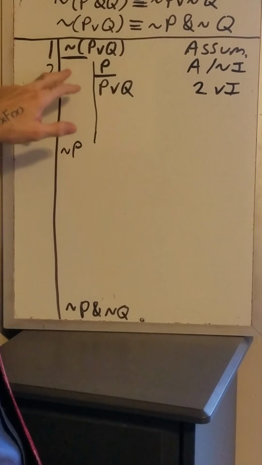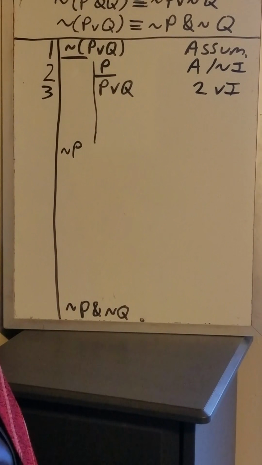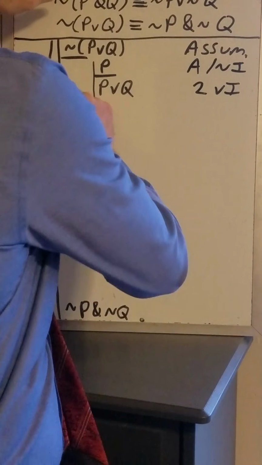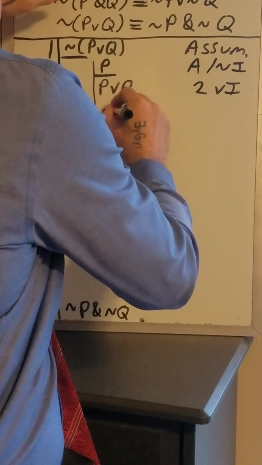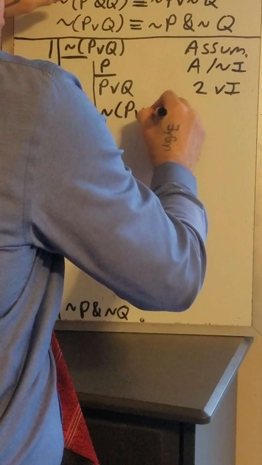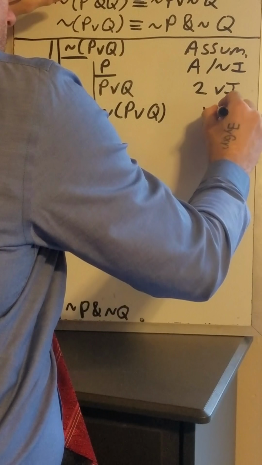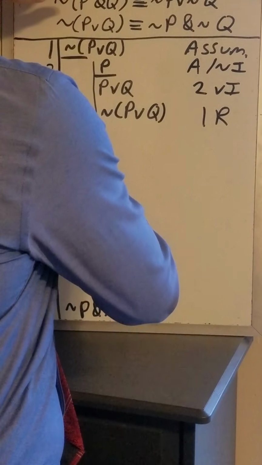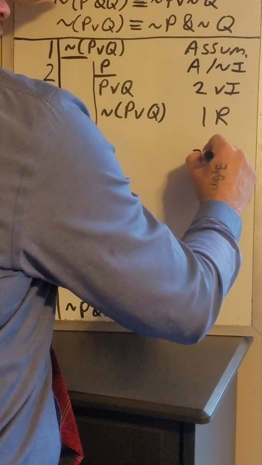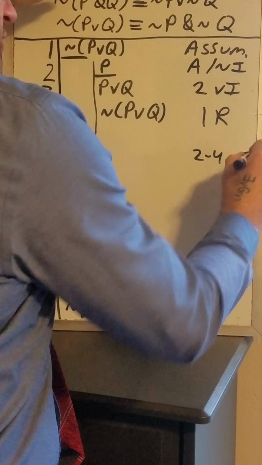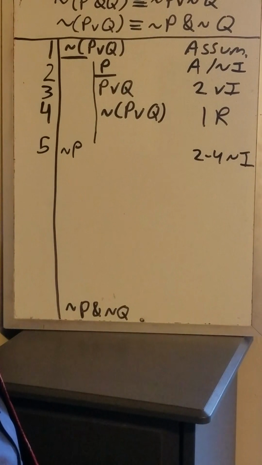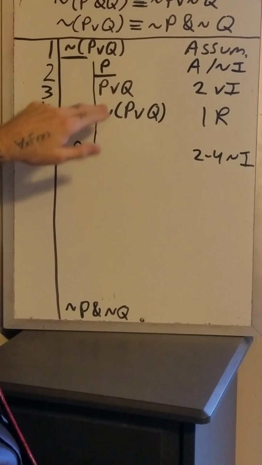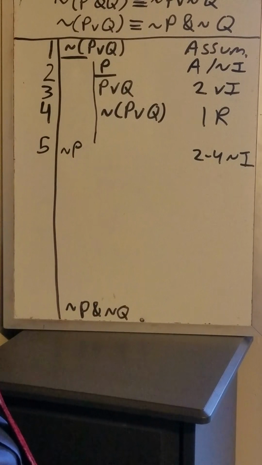Okay, and now we reiterate this down. It's a reiteration of line 1. We have a contradiction, so we can close this out, and we have not P on line 5 by 2 through 4 negation introduction. So now we're just going to do the exact same thing but assuming Q to get not Q.